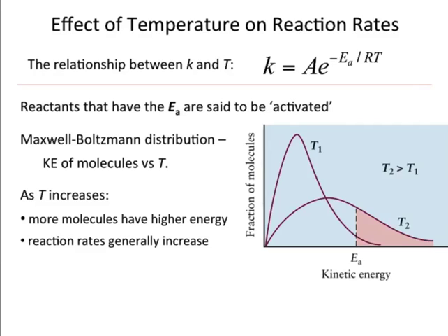If you increase the temperature, for example to T2, you get a broader distribution and more molecules with higher kinetic energies. So if we have this activation energy, only molecules over here in this region are going to have enough energy to actually react. At a lower temperature, it's a smaller number of molecules, and at a higher temperature, there are more of them.